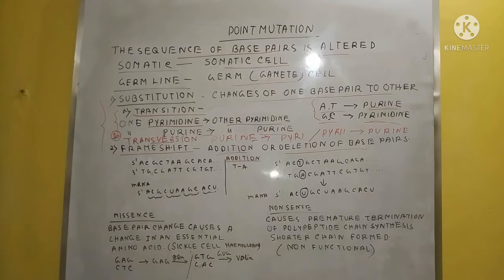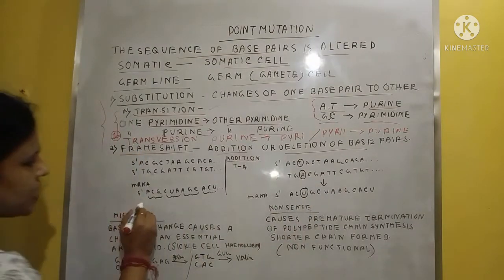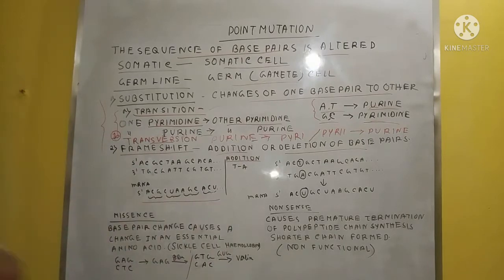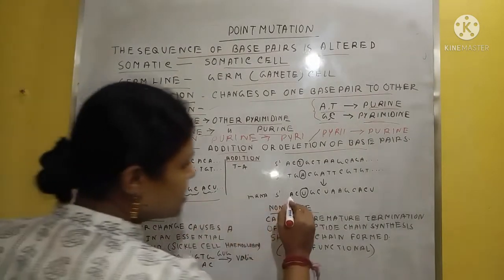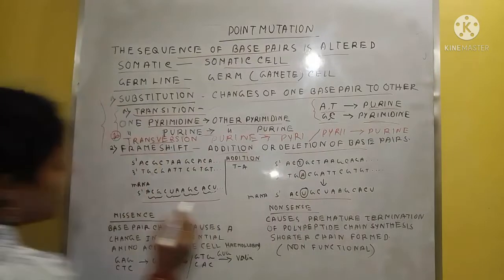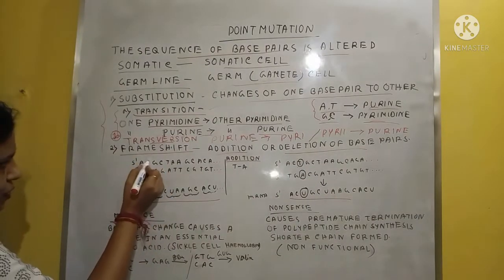And what happens if the addition of one base pair occurs? You see here T, the normal mRNA chain is like that, but after mutation this is possible. That is here A, and I just mark this position.